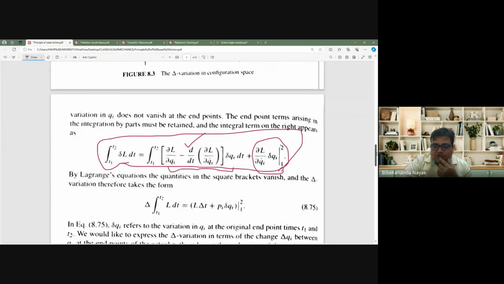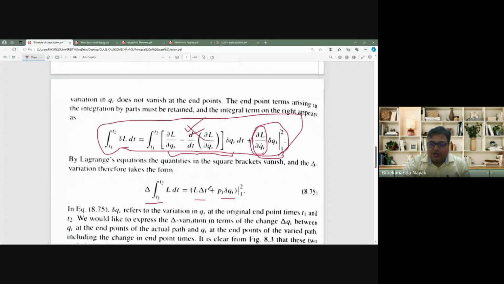By Lagrange's equation, the quantity in the square bracket vanishes. If you put this 0, then delta variation takes the form: delta of L dt is equal to L dt plus p_i, where del L by del qi dot is equal to p_i, times delta qi. It is just change.